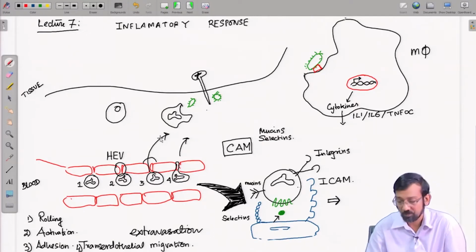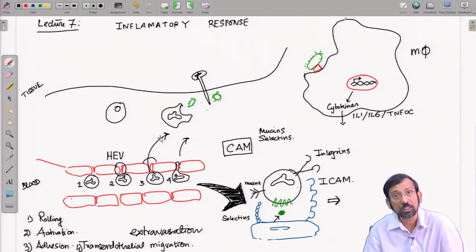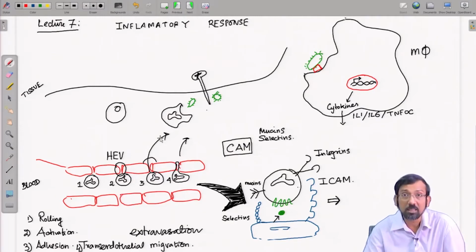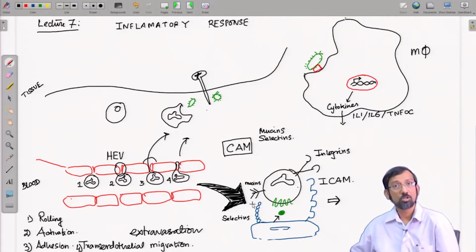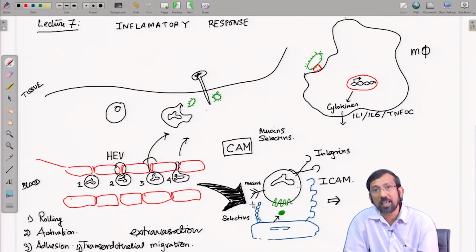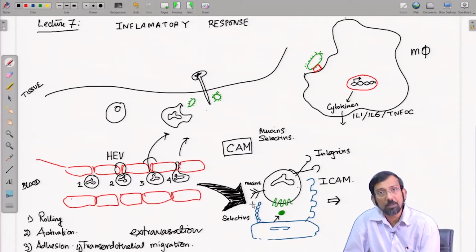The first step is initiated by the binding of the mucins to the selectins. The mucins are a class of the CAMs, or cell adhesion molecules, that can specifically bind to the selectins which are expressed on the surface of the endothelial cells.